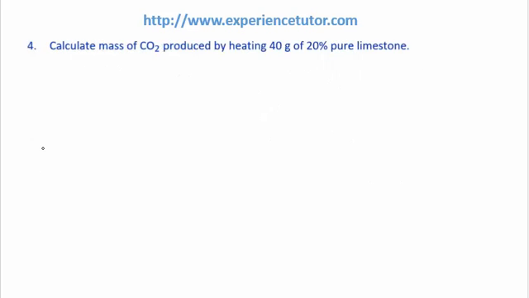Our next question is calculate mass of carbon dioxide produced by heating 40 gram of 20% pure limestone. So our equation will be CaCO3 which will give CaO plus CO2.